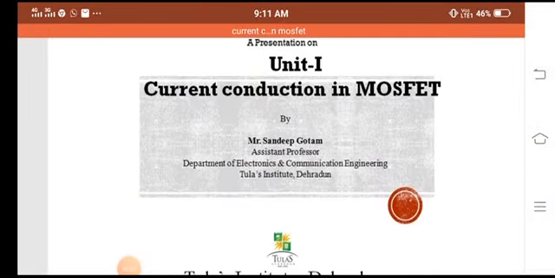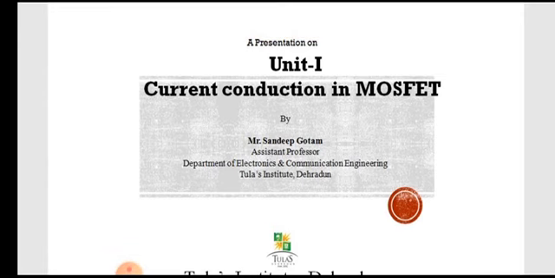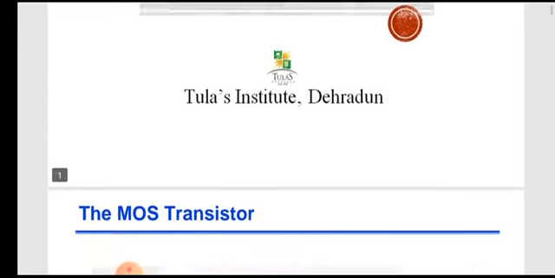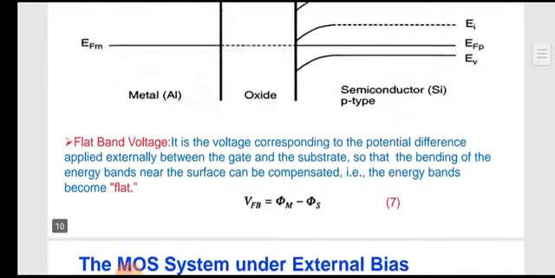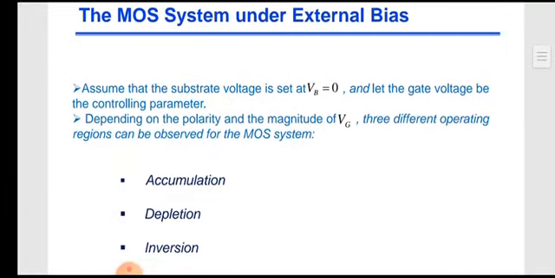Today we are going to discuss the current conduction in MOSFET. So we continue with the new topic, that is the effect of the MOS system under external bias.